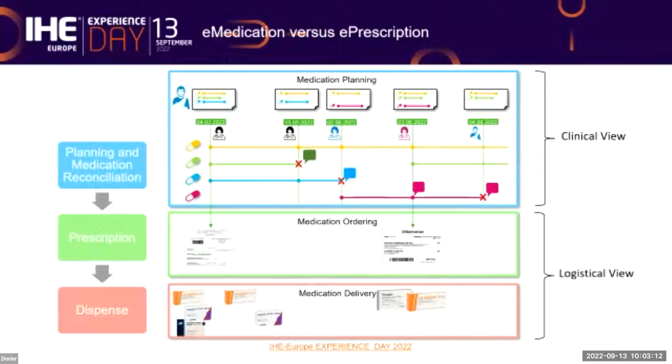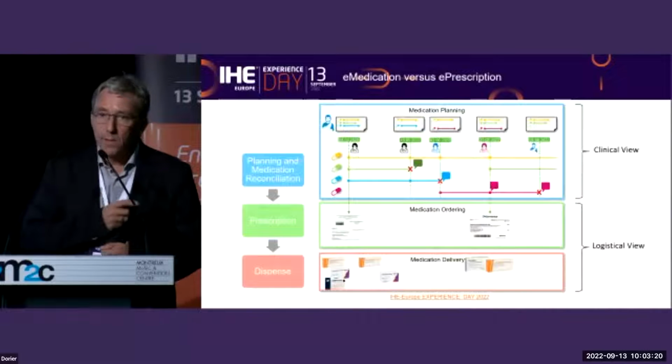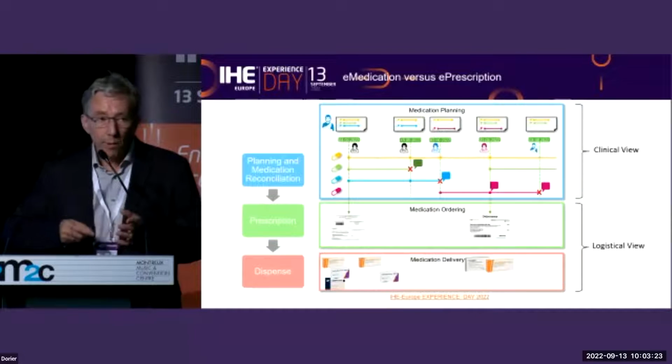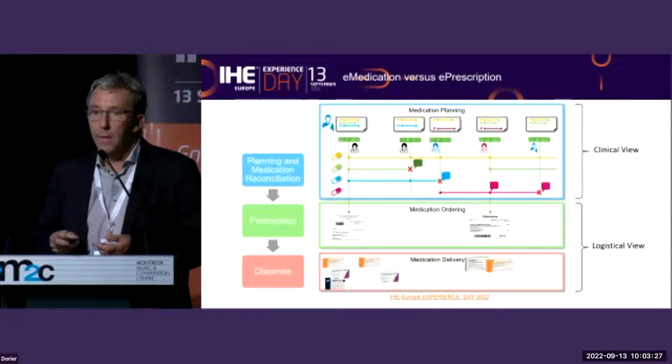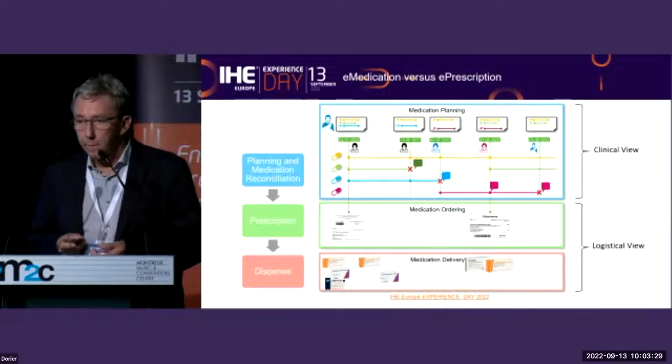That means two things. First, there's the decision: you have to take this medication for this amount for this duration. And then there is a logistical aspect, which is with this paper or an electronic prescription, you can go to the pharmacy and get the medication and be reimbursed. But it's two things very different.